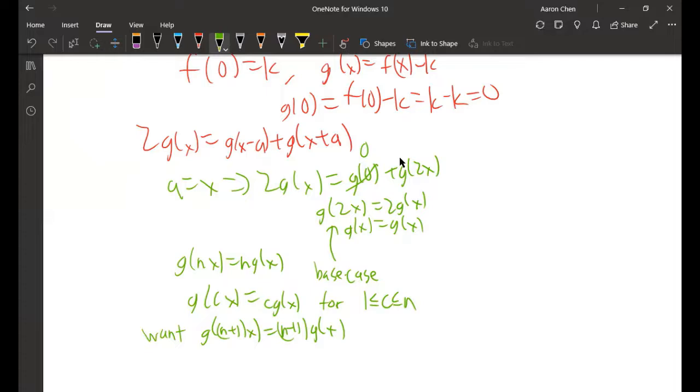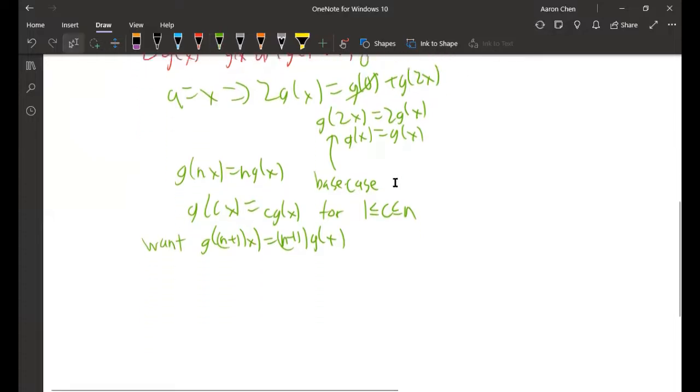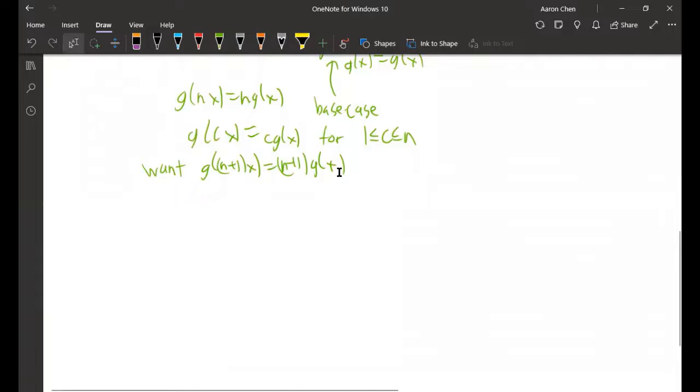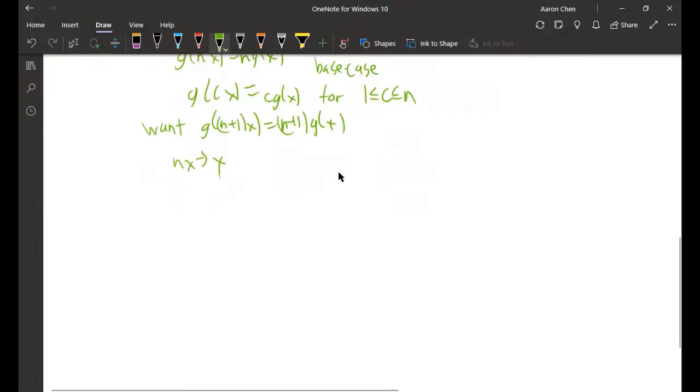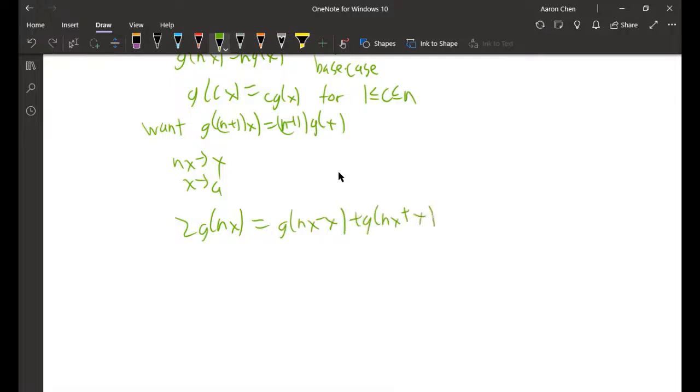So what we can do here is just substitute nx into where the x is and substitute x into where the a is. And so what that gives is 2g of nx is equal to g of nx minus x plus g of nx plus x.